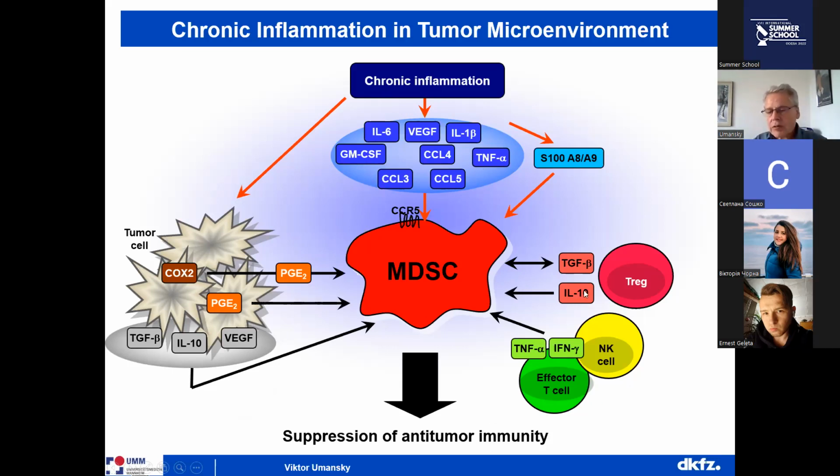But also our friends, effector T cells and NK cells, by production of TNF-alpha and interferon gamma, can severely increase the immunosuppressive activity of MDSC.